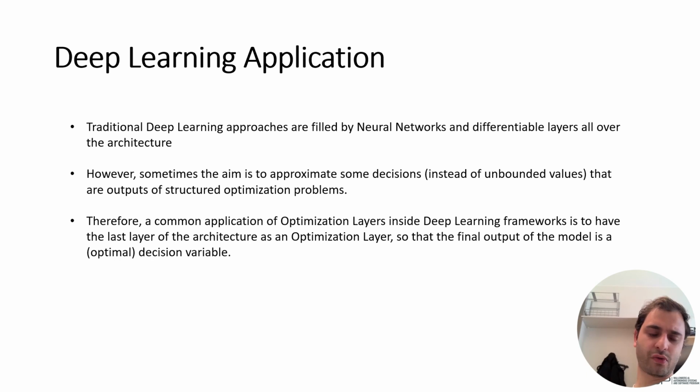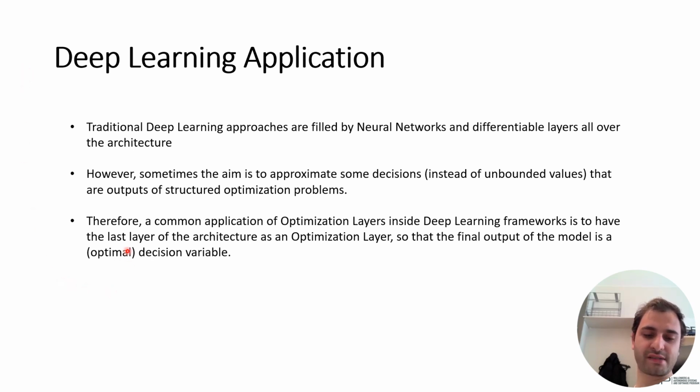But it's important to compare traditional deep learning and deep learning with optimization layers. Traditional deep learning approaches are built by neural networks that have differentiable layers all over the architecture. However, sometimes the aim is to approximate some decisions that are outputs of structured optimization problems. In some applications, we are not interested in predictions, but in decisions that are outputs of optimization problems.